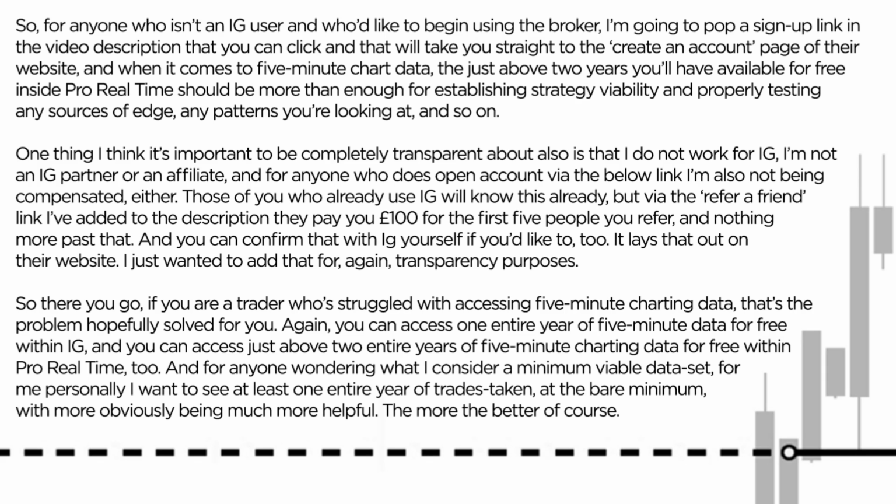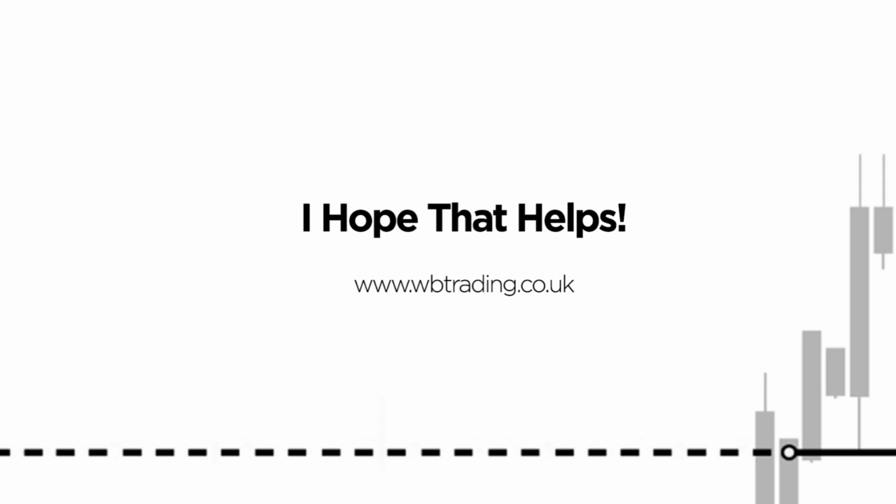And for anybody wondering what I consider a minimum viable data set, for me personally, I want to see at least 1 entire year of trades taken at a bare minimum, with more obviously being much more helpful. The more the better. Anyway, I hope that helps. Hopefully that's triggered some inspiration. For those of you who were held back by only having, let's say, 3 months, 6 months of 5-minute chart data, hopefully that's the problem solved.